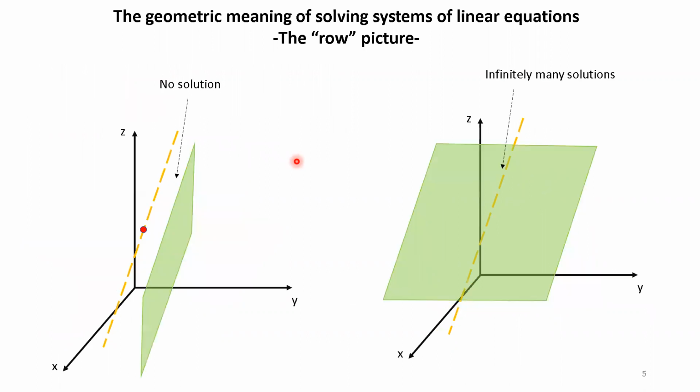But again, we have two other possible cases. First, no solution. How could no solution occur?